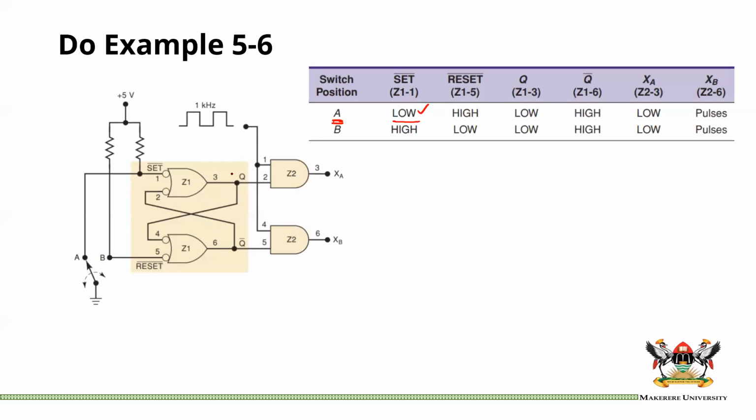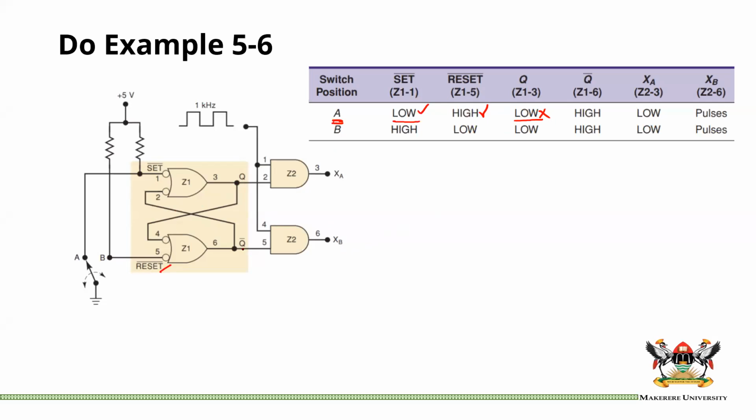We expect the reset to be 1 because obviously it is not connected to the ground. So that's okay. Now we expect Q. If we set, setting makes Q 1. Unfortunately, Q is 0, so this is a problem. Let me put an X. Q is supposed to be 1, not 0. I hope everyone can see that.